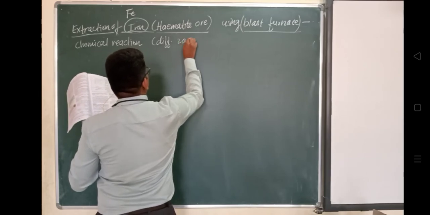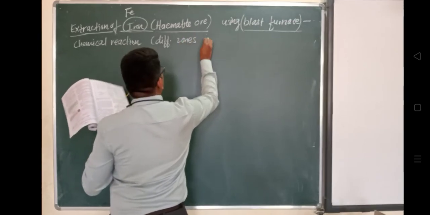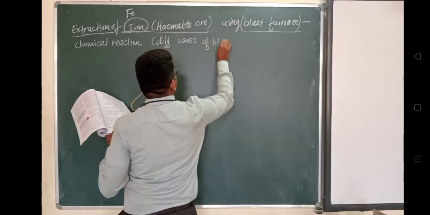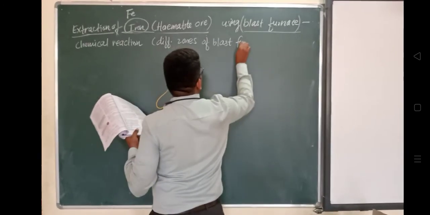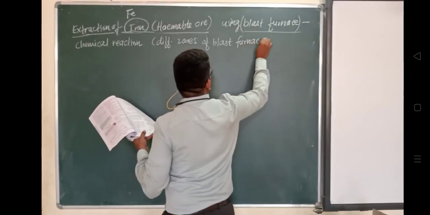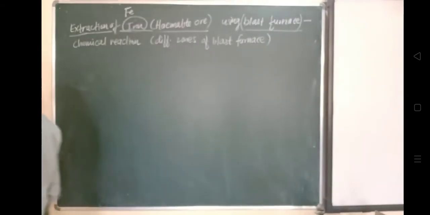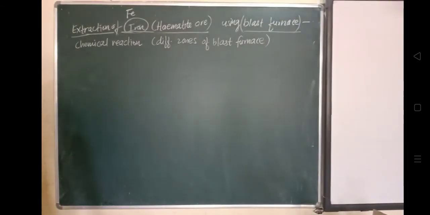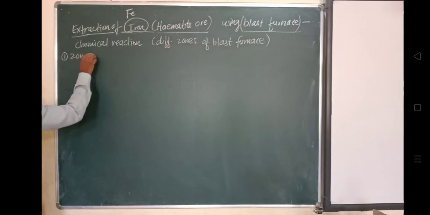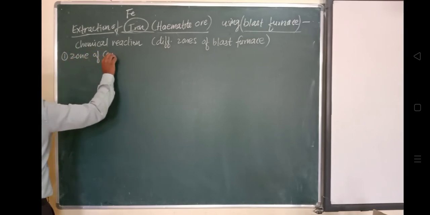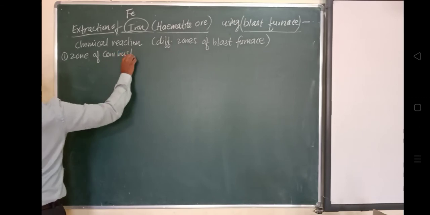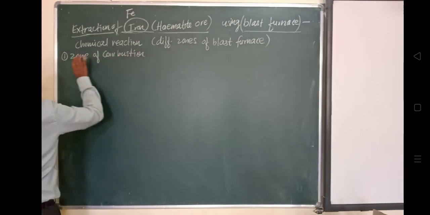It is the indirect mode: the carbon present in the coke burns and gets converted into carbon monoxide, and this carbon monoxide indirectly acts as a fuel, and also as a reducing agent.